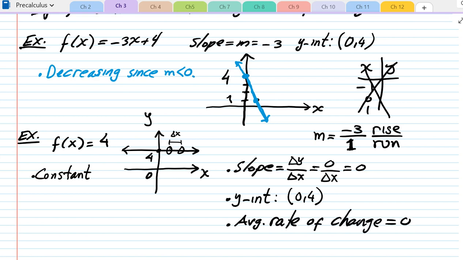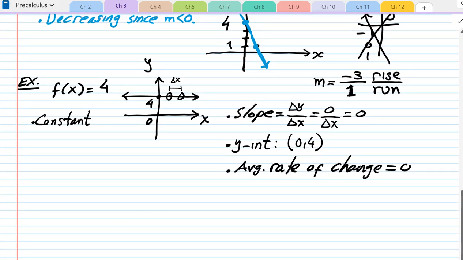That means as you go from one point to the next point, there is no change in the slope of the secant line, in other words, because there is no change. The average rate of change is 0 in the value of the function. And again, you may say, well, how can that be? Well, as you go from x1 to x2, notice you move to the right, but the y value is not changing. No matter how far you go to the right or left, you're at the same level.